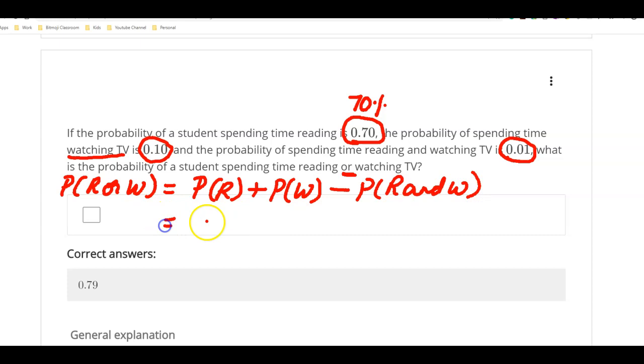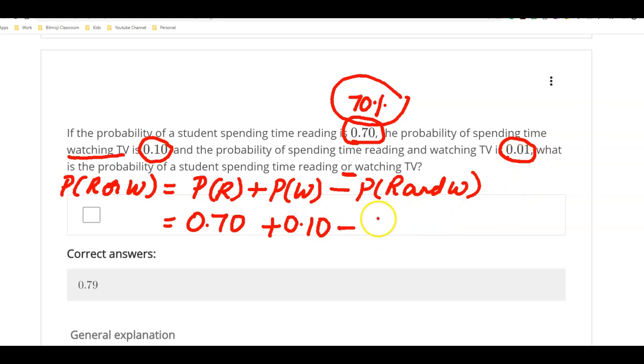So if I plug in those values, probability of reading is 70% or 0.70. Probability of watching TV is 0.1, which is 10%, minus probability of reading and watching TV, which is 0.01. And when I find the value, my final value is 0.79.